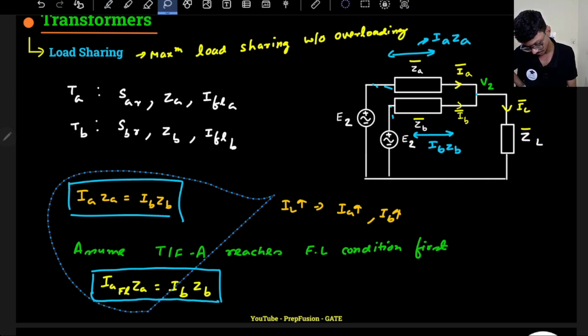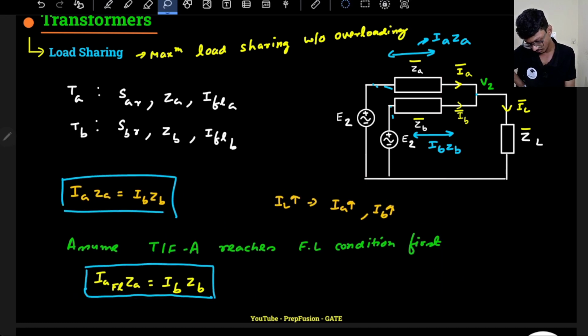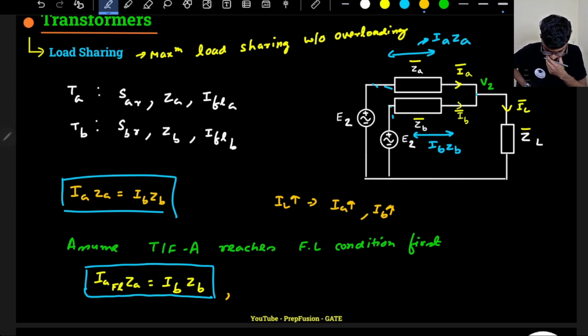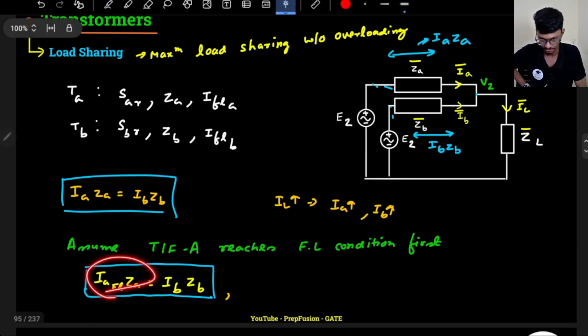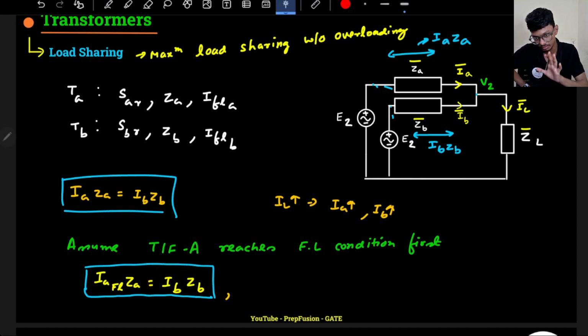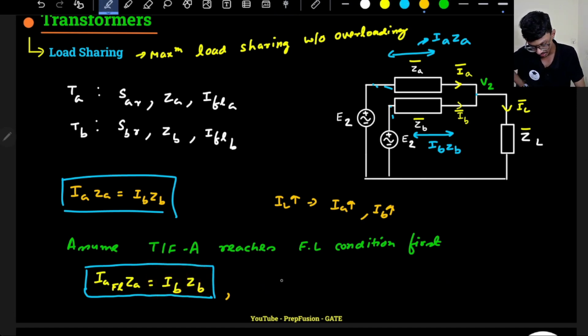Now what can I comment? One thing is for sure: I have reached full load here first, and still there is room to reach full load here, because transformer B has not reached full load yet.